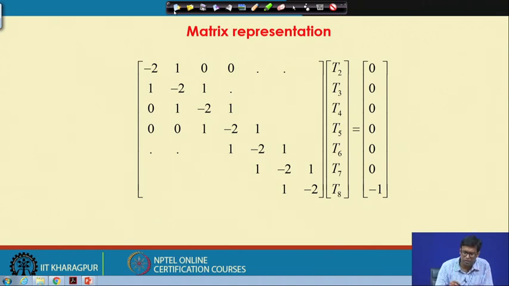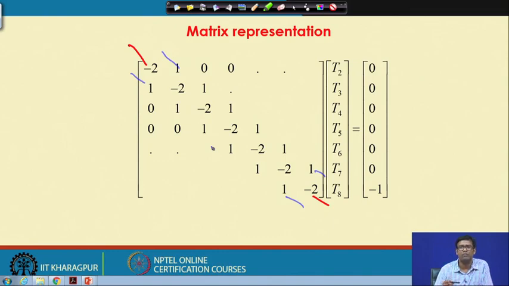If we look into this matrix, there is one diagonal term, and there are 2 off diagonals next to it, and all the rest of these terms are 0. So, this is a sparse matrix where most of the terms are 0. This is also a banded matrix.